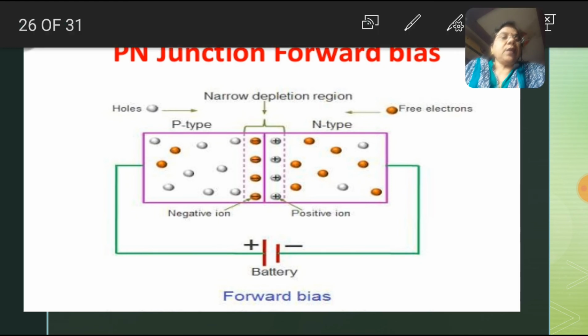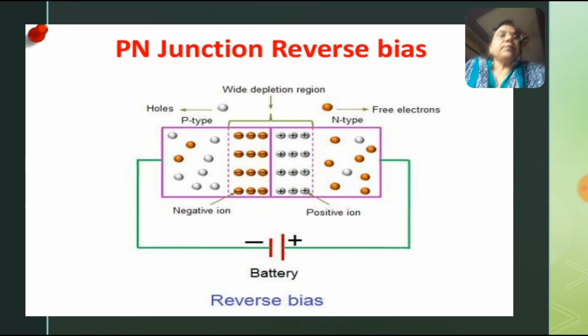Okay. Now what is PN junction reverse bias? In the reverse bias condition exactly the opposite is the case. The positive terminal of the diode is connected to the negative terminal of the battery and the negative terminal of the diode is connected to the positive terminal of the battery. So this type of connection is known as reverse biasing of a diode.